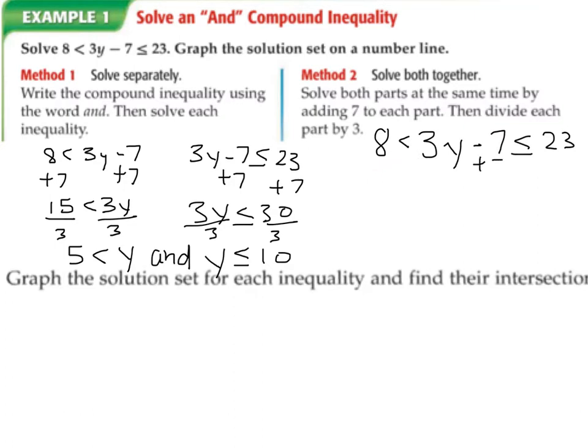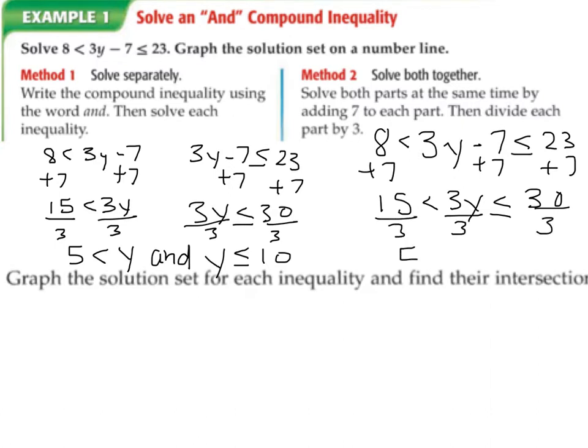So here I'm going to go ahead and add 7. If I add 7 to the middle, I must add it to the right and add it to the left. So I'm going to end up with 15 is less than 3y, is less than or equal to 30. And if I divide by 3, I'm going to end up with 5 is less than y, is less than or equal to 10.